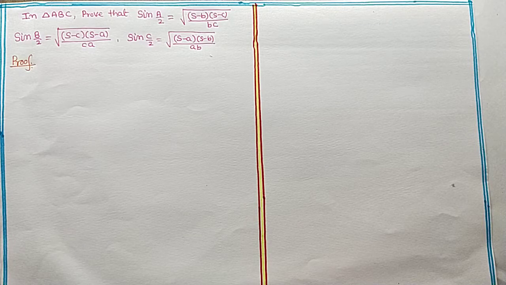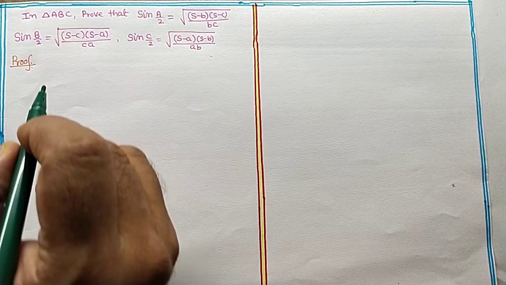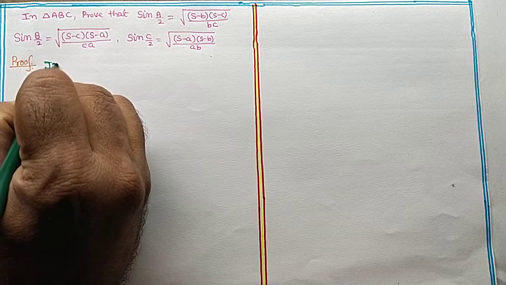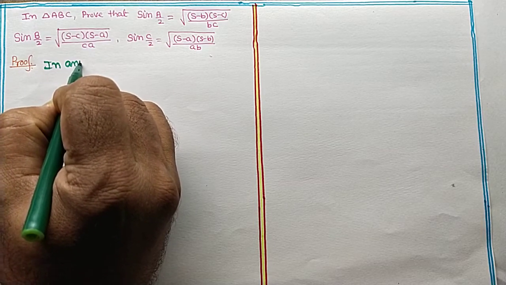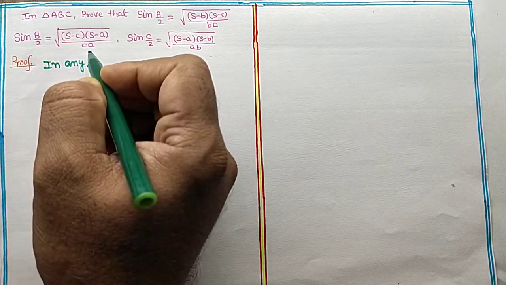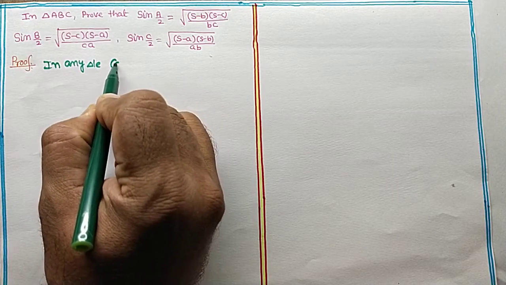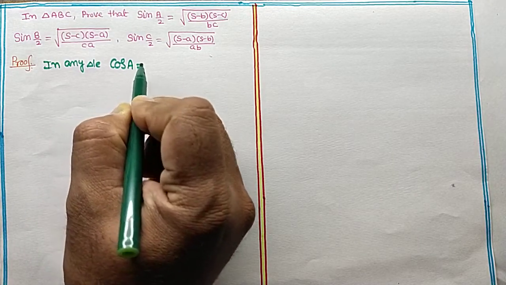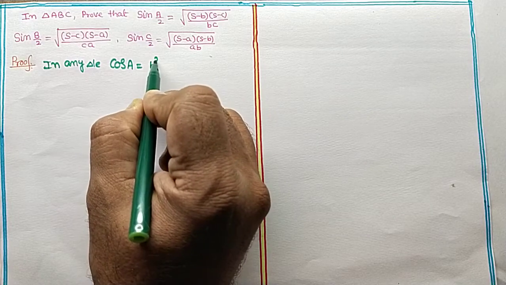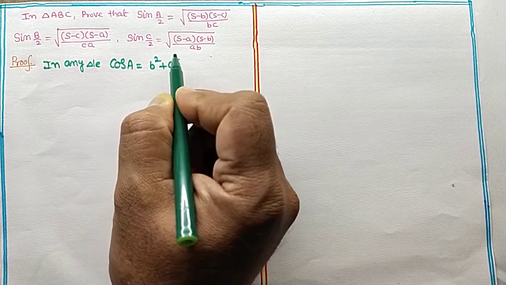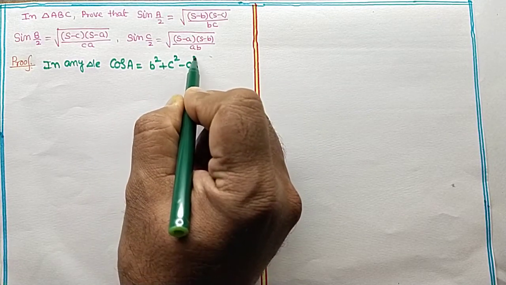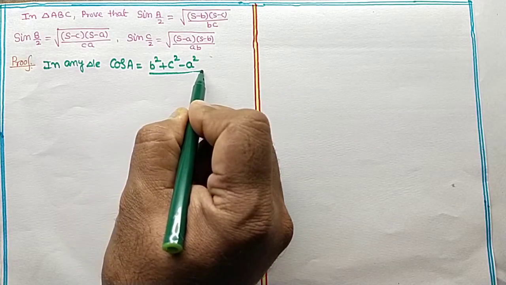In previous sessions we discussed that from the cosine rule we have a formula in any triangle: cos A equals (b square plus c square minus a square) divided by 2bc.